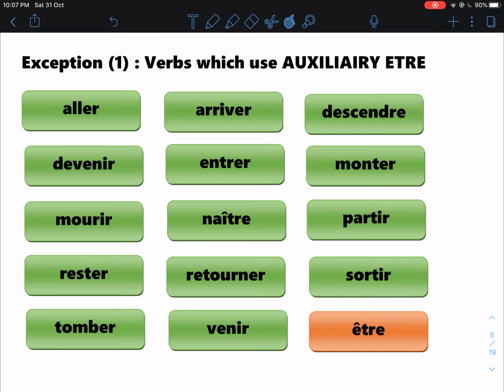So all these verbs here are the exceptions, and they use auxiliary être to form passé composé in French.